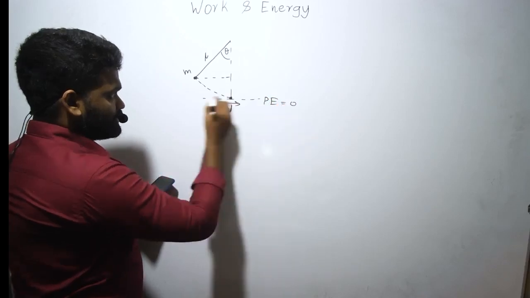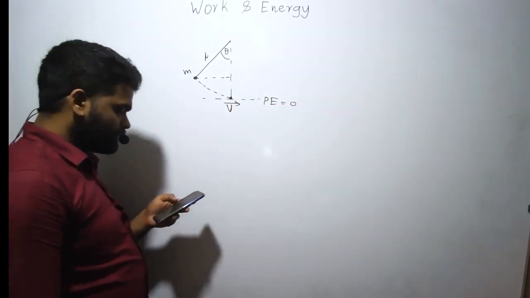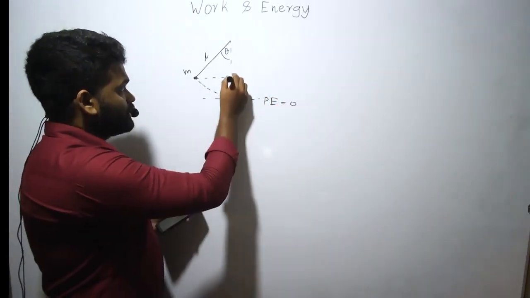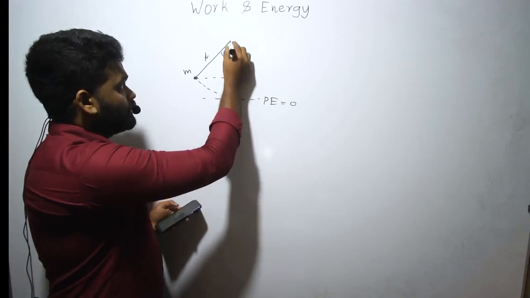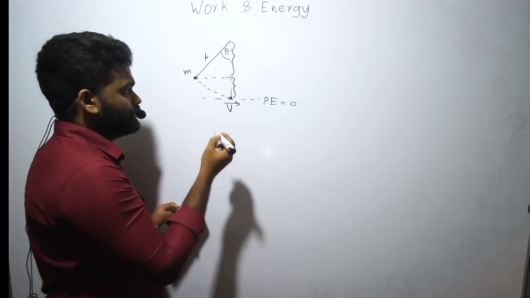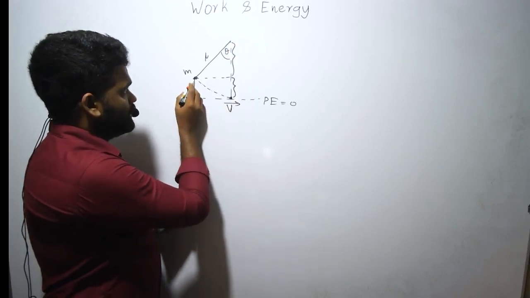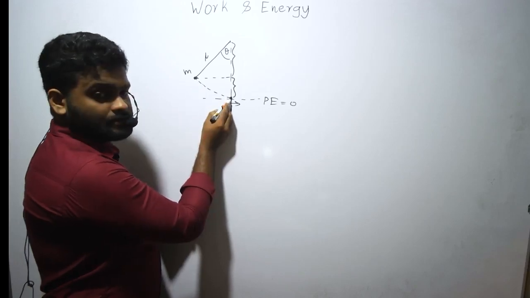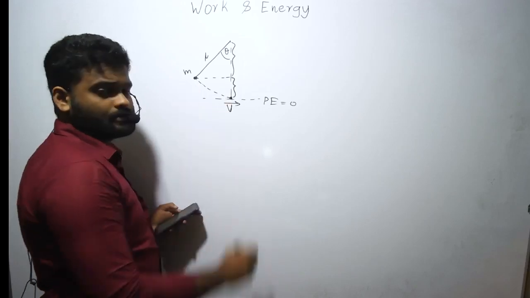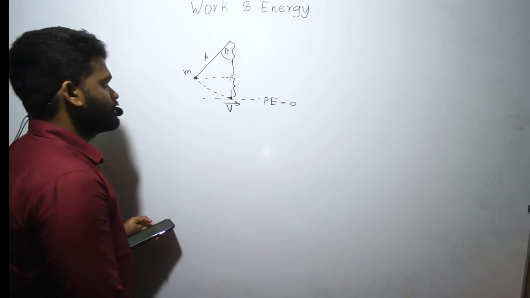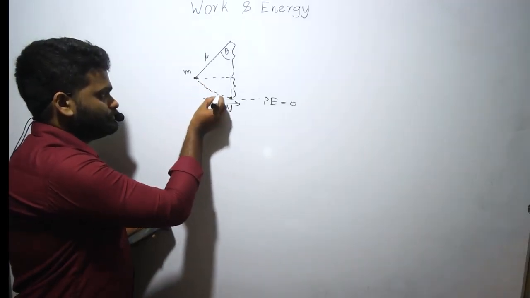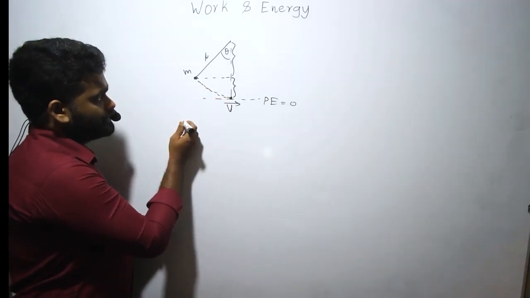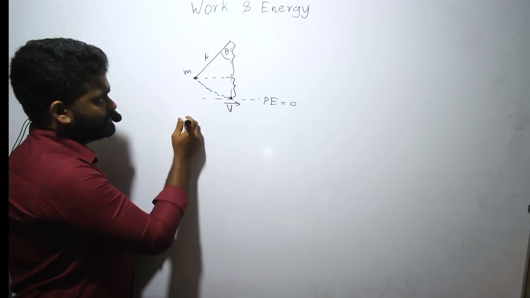So here the potential energy is 0. Right. So here as well you can usually use the energy here is equal to energy here. Yeah, there's no energy loss. Right. So what's the energy here?